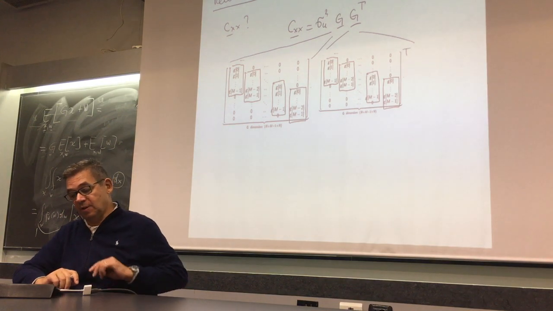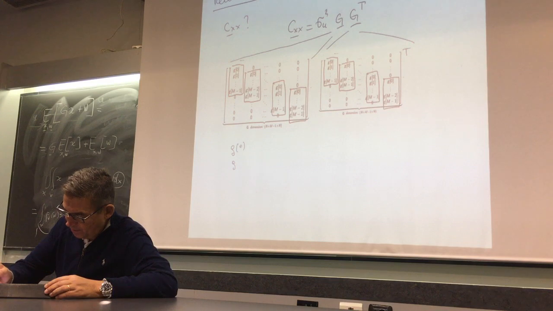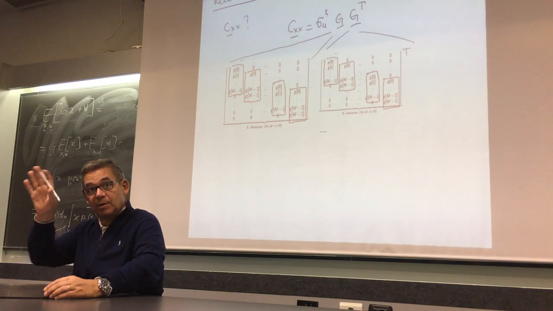Okay, so let's see together. So I have G1, G0, G1. Let me copy the other because I don't want to waste too much time. So making a transpose means taking the column and putting it in a row.